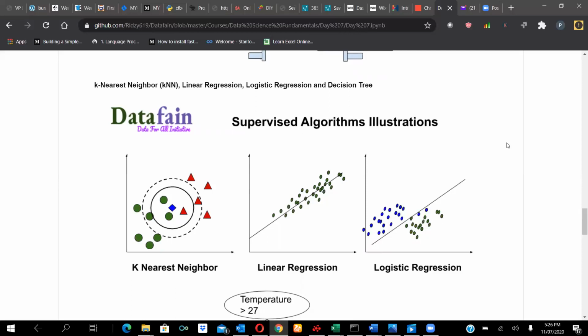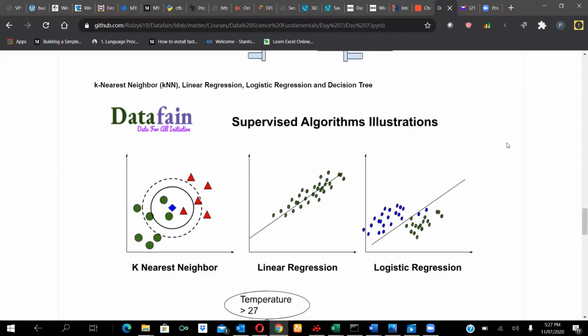A simple example: if you have a data set of workers in a particular company, and from your data set you're being asked whether a particular worker has resigned or has not resigned. The output variable for worker A will either be yes or no. The output variable for worker B will either be yes or no. The output variable for worker C will either be yes or no. So you know that there are two basic output values, it's either yes or no.